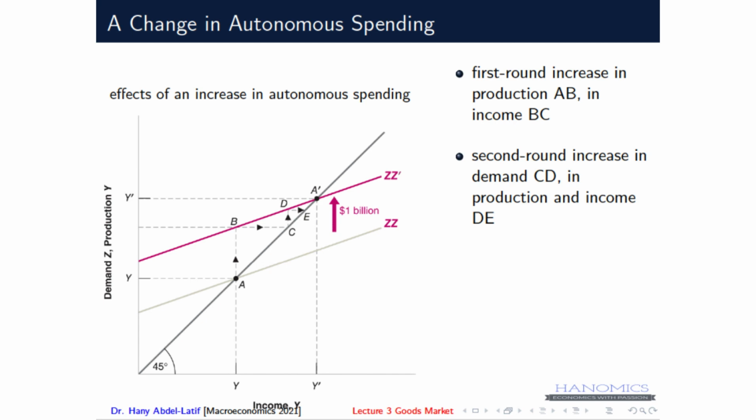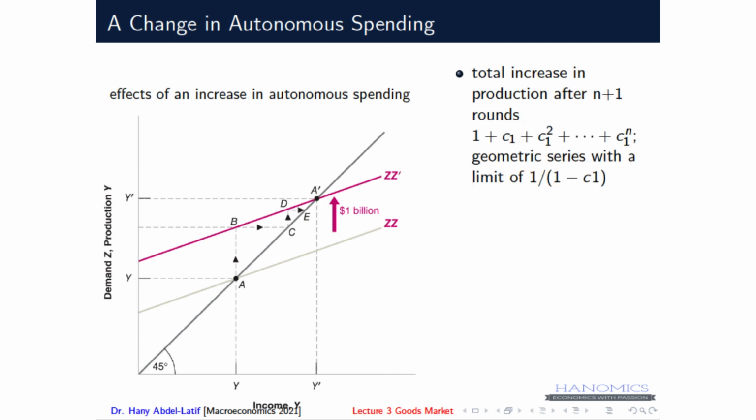Again, those who receive those incomes will do exactly the same. They will spend part of their income, again depending on the value of the marginal propensity to consume, and so on. So a one-off increase of autonomous spending will create several rounds of increases in production and income, and that's why Y prime here would travel farther away, more than a 1-for-1 change in output in response to an increase in autonomous spending.